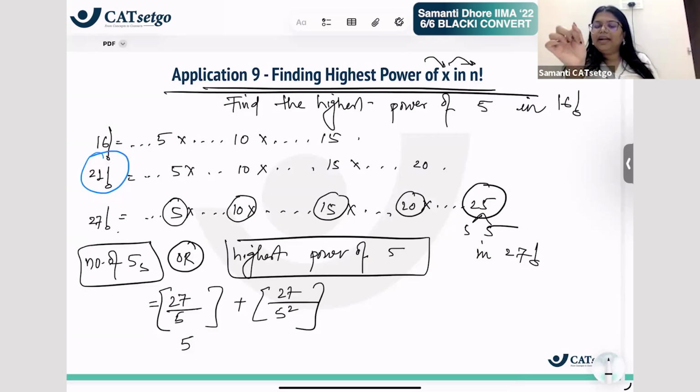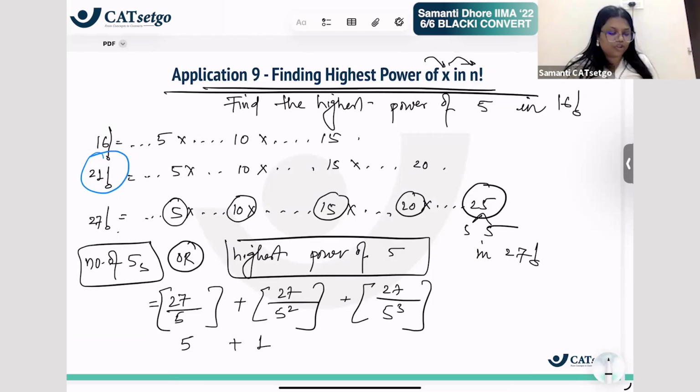If the number is divisible by 25, 1 point something comes, so 1 extra 5 you're getting from there. Same if that number is divisible by 5 cube, the third 5, because that one number will end up giving you 3 5s, which is not true here. That's why the total number is 6.